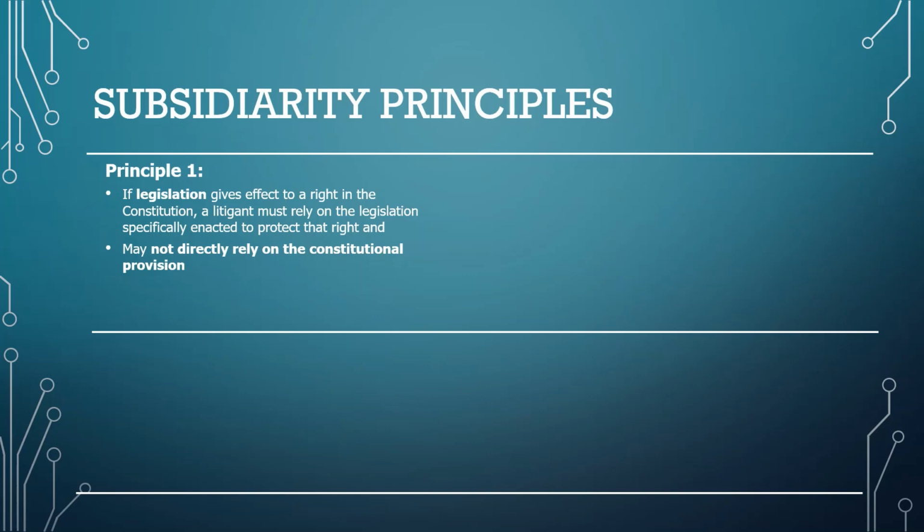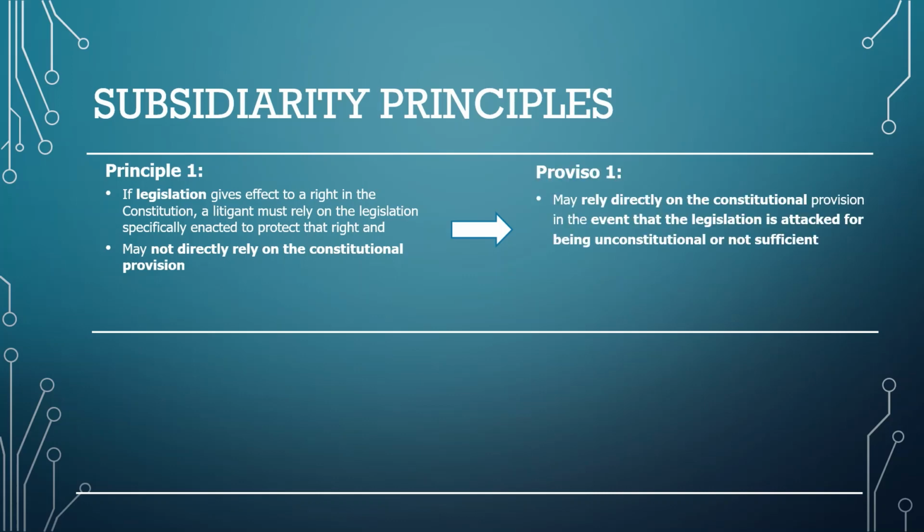But there's an exception to this principle, which is called Proviso 1. So the exception to Principle 1 is Proviso 1. Now, the proviso to Principle 1 allows direct reliance on the right in the Bill of Rights, where the appropriate provision in the legislation is either unconstitutional or inadequate.